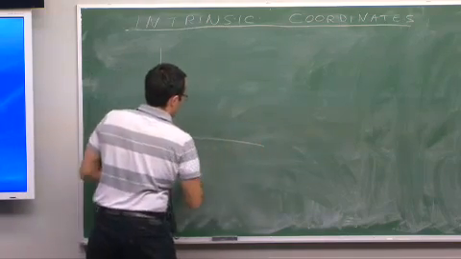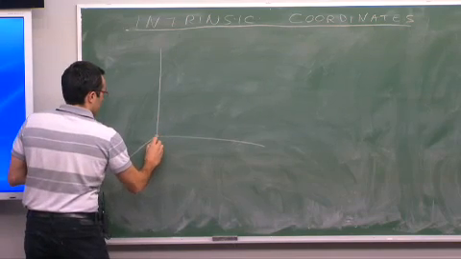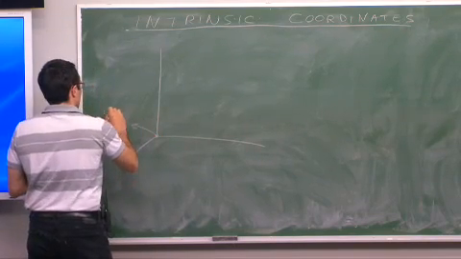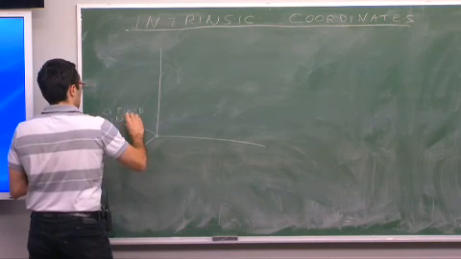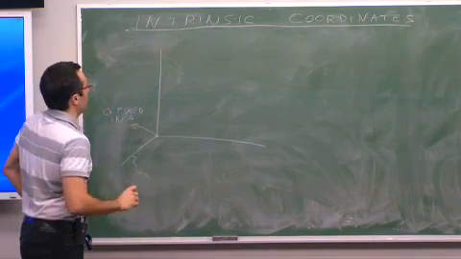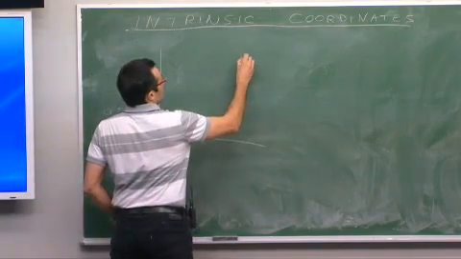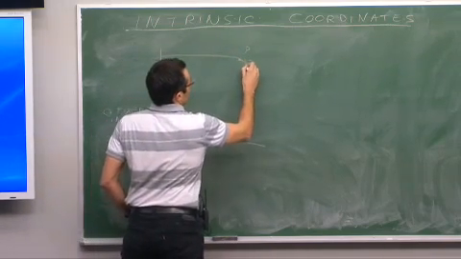Assumptions. We have a given reference frame A and the coordinate system fixed in A. So this is point O fixed in A. And point P, which is moving with respect to A, and this is its trajectory.